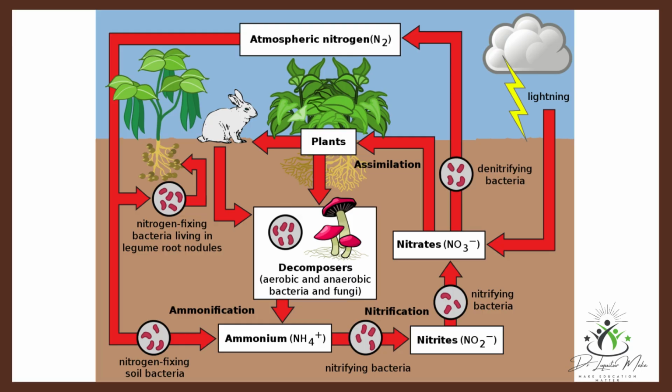And then with industrial nitrogen fixation, these are man-made alternatives that actually aid in producing ammonia, for example, right? Now then we've got nitrification. Now this is the process where ammonia is converted into nitrates by the presence of bacteria in the soil.